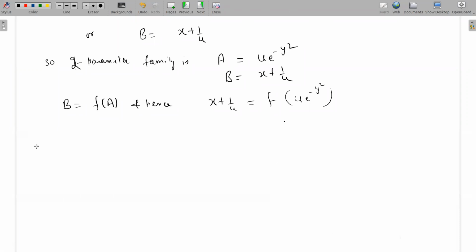One more example, sometimes you may have a condition. For example, find the general solution of the Cauchy problem. So Cauchy problem is a first order equation with one condition.